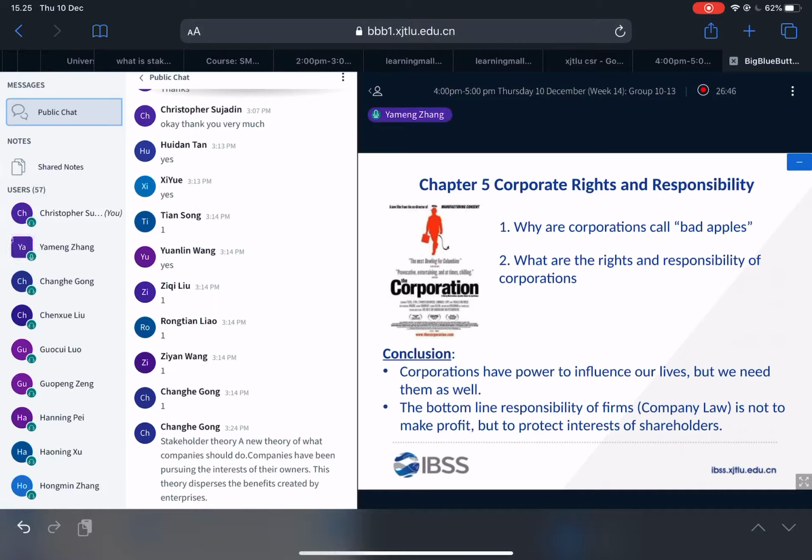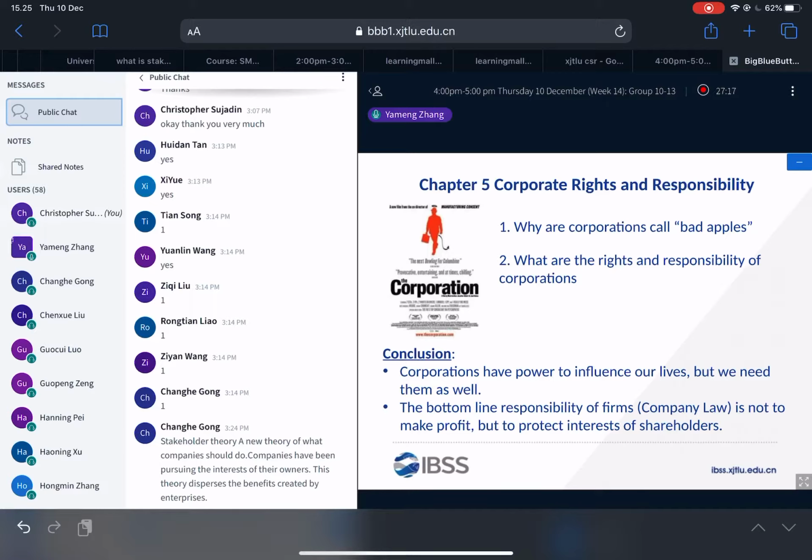Okay, so we got one answer from Changhe: stakeholder theory, a new theory of what companies should do, helping pursue the interest of their own. This theory disperses the benefits created by the enterprise. Okay, I would say yes, that is the general spirit of stakeholder theory. However, the stakeholder theory we introduced in chapter 3 is very detailed.